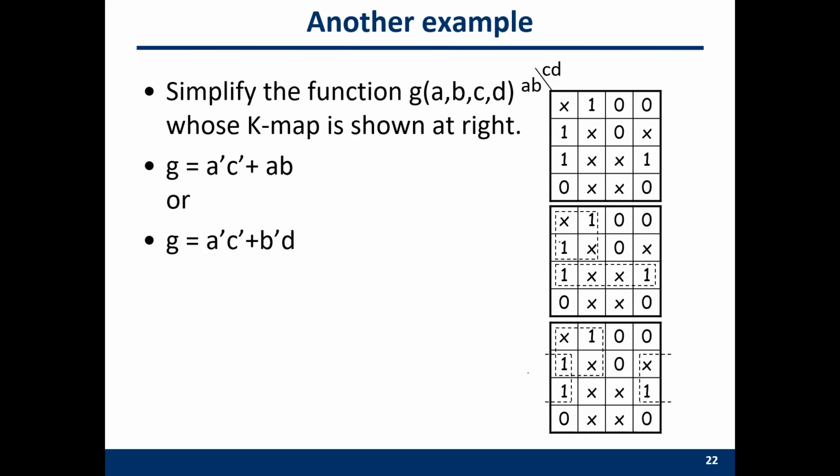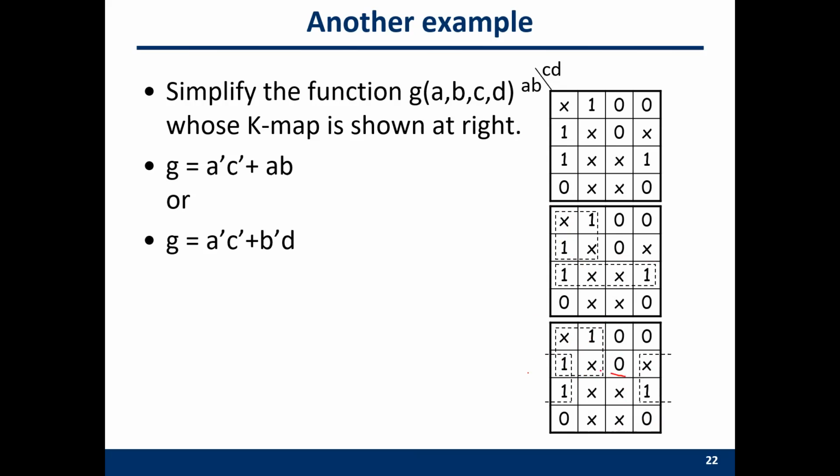Why? Because for this drawing, we have two four-box groups. So this is one four-box group, and the second one is a four-box group. And for this drawing, we also have one four-box group and another four-box group.